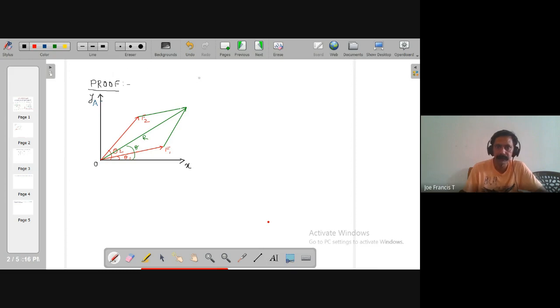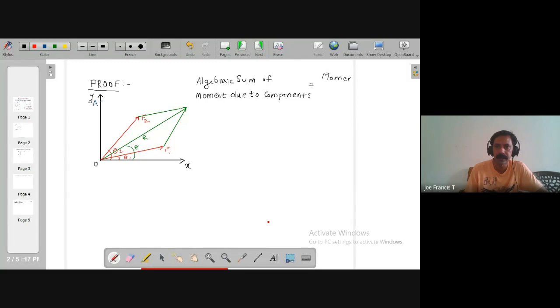algebraic sum of moments due to components, so take algebraic sum of moment due to components. This is equal to moment due to resultant.